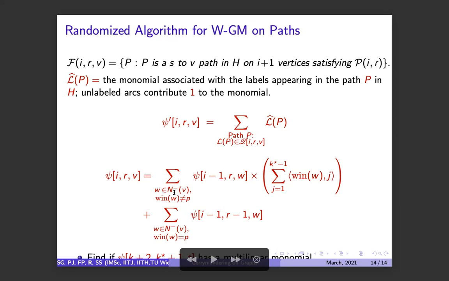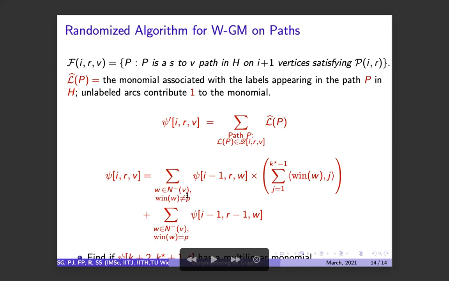If I look at an in-neighbor of the vertex v in the path P, then in this vertex w, either my preferred candidate p wins or it doesn't win. Sorry, there are two p's: the capital P is the path, the small p is my preferred candidate.